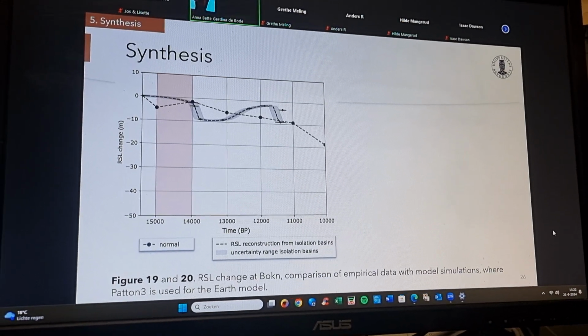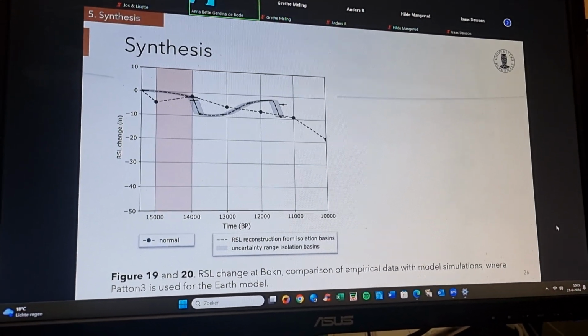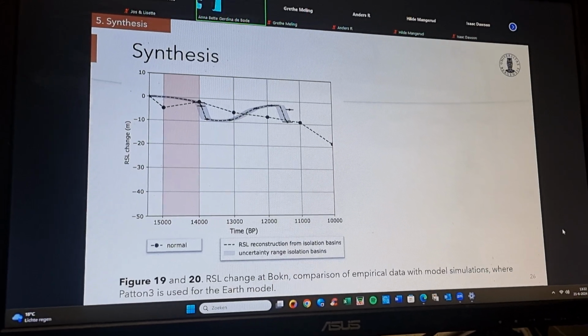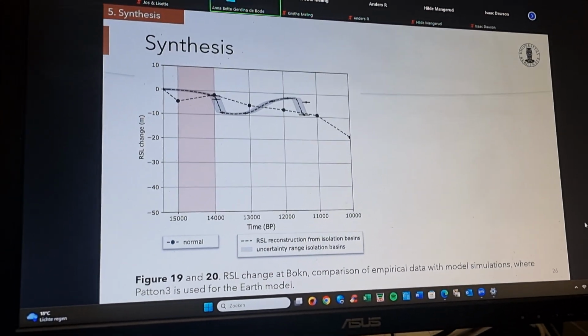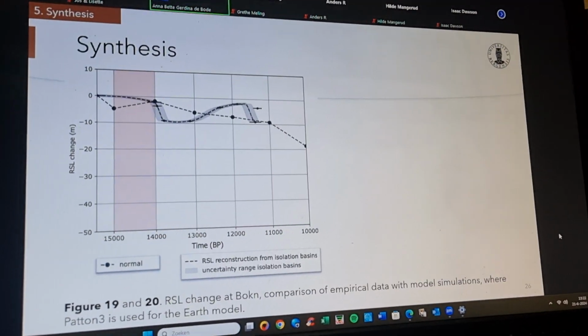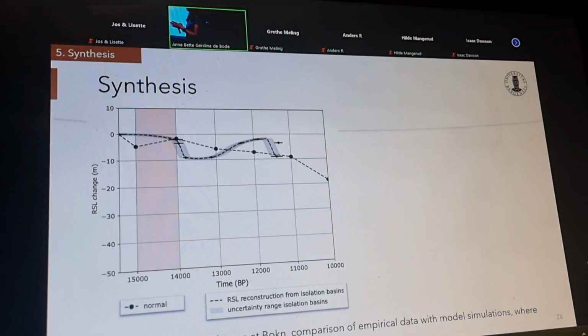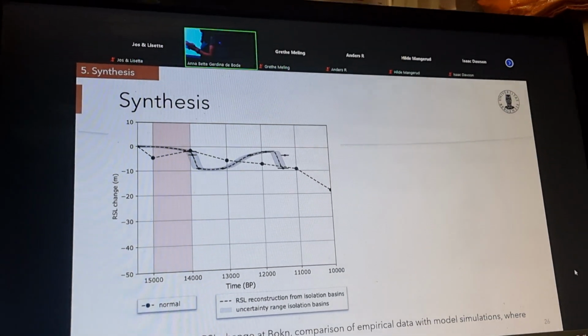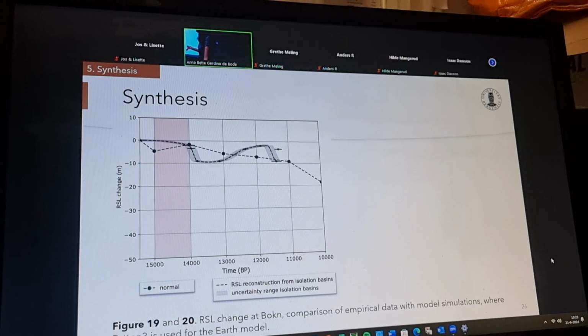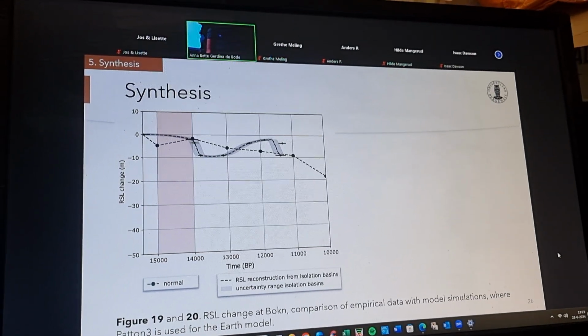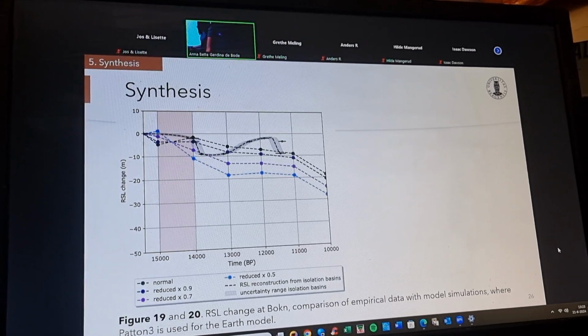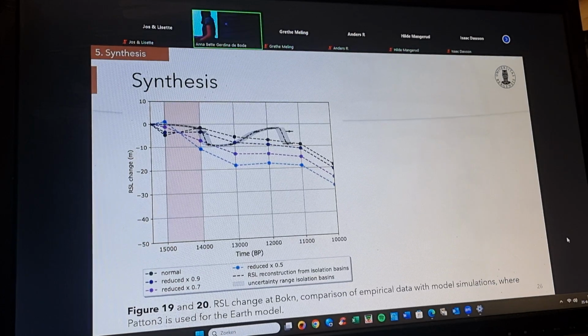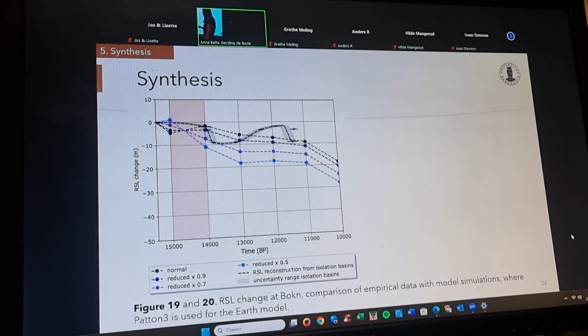So then I was curious, what happens if I change the ice thickness of the Eurasian ice sheet at different rates in this time period? If I enlarge a potential contribution of the Eurasian ice sheet in this time interval, does it then change the relative sea level change of Buchan? And it does. Here you can see the results from some of the runs.